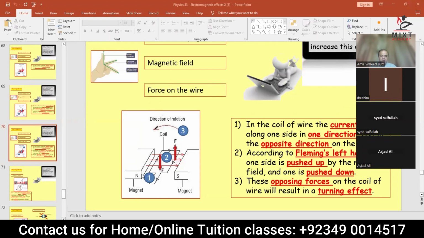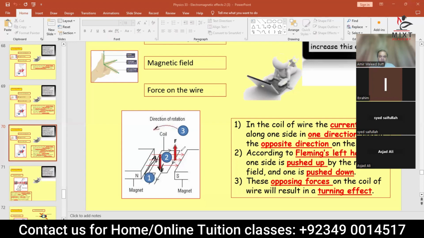Now, when the current goes from bottom to top, this is your north to south, this is your current, and this is your thumb, the force. So which way will your force be? Downward. This is a force.